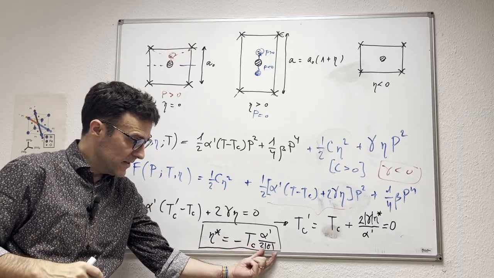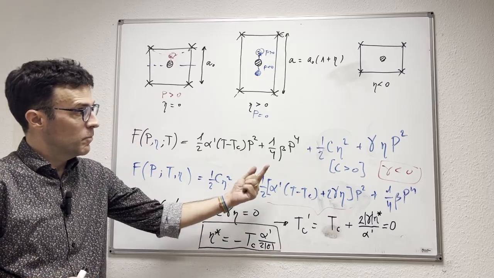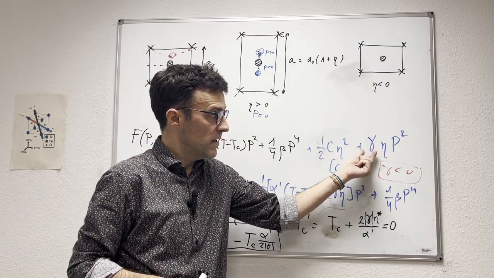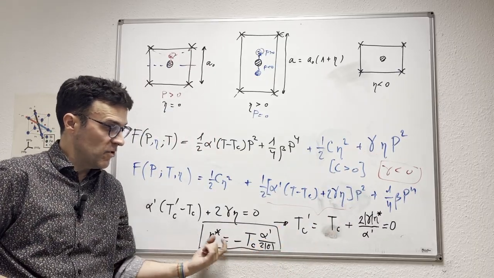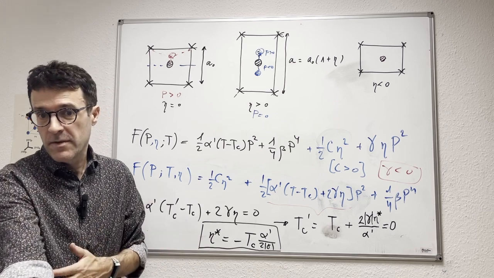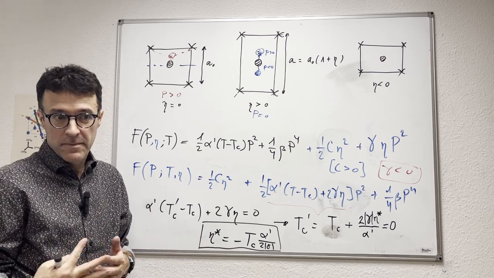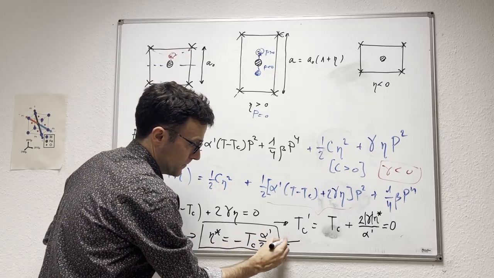It also makes sense that the stronger the coupling, so the bigger gamma, if the coupling between the strain and polarization is very large, if this gamma is very large in magnitude, then the strain I need to apply is very small, because very little strain already will have a very big impact. Okay, so it makes sense.